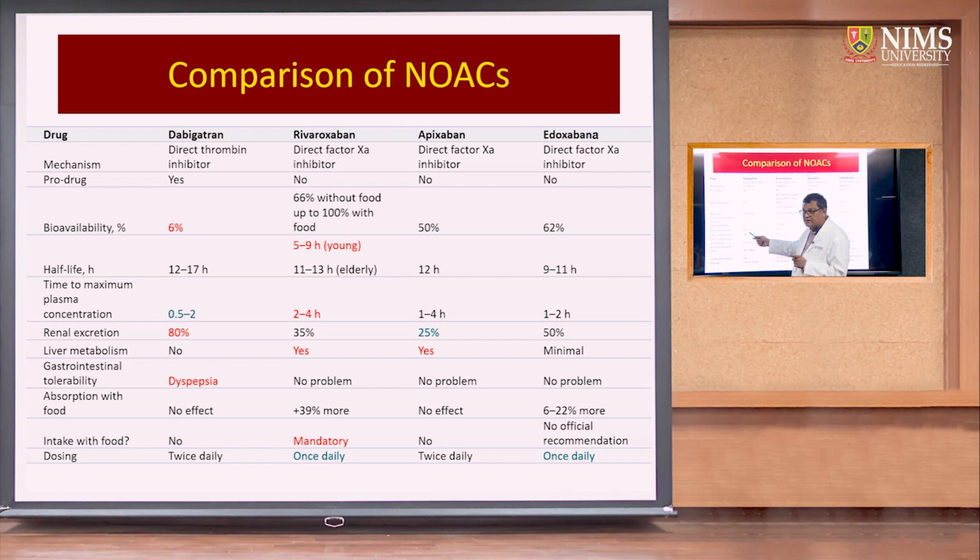So, if somebody has kidney disease, even mild kidney disease, then dabigatran will face problems, because 80% is excreted by kidney, others as you might see is less than 50%. In any patient of chronic kidney disease, you have to be very cautious with dabigatran, and in moderate or severe kidney disease it is contraindicated. So, this part is clear.